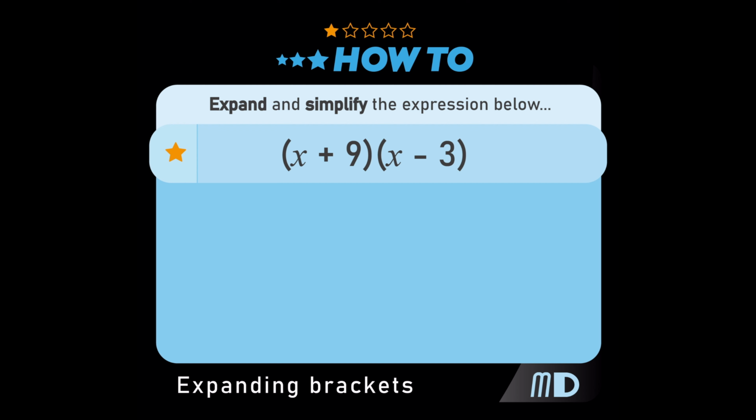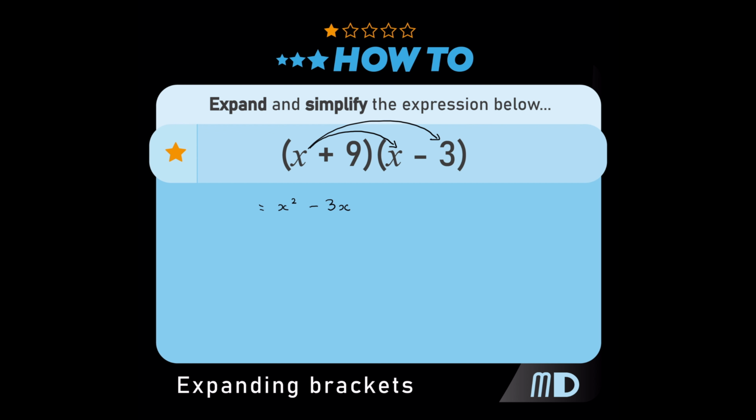To begin, we multiply x by each term in the second bracket. So x multiplied by x is x squared, and x multiplied by minus 3 is minus 3x.